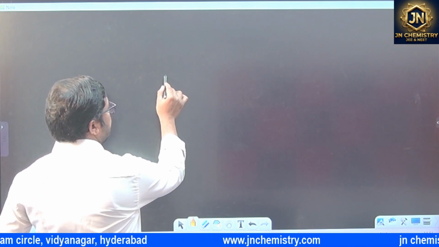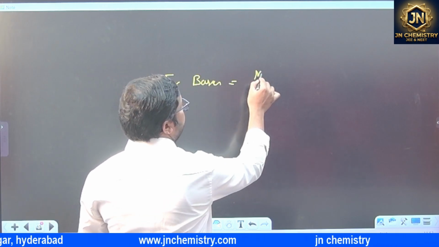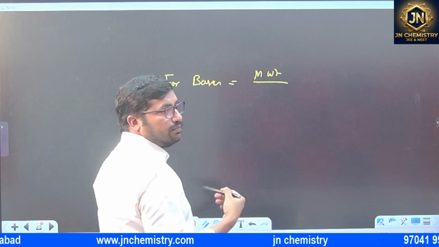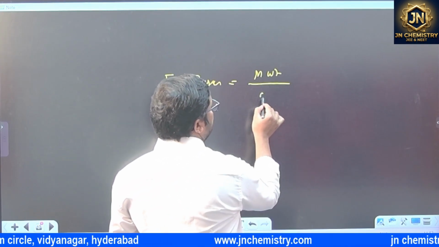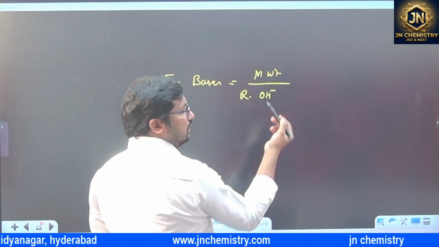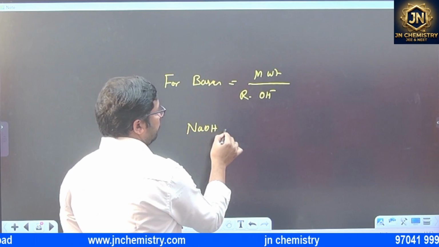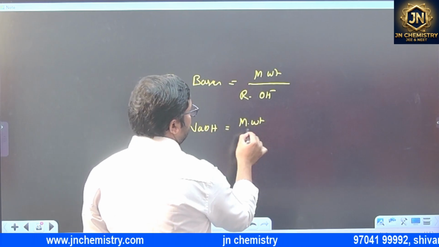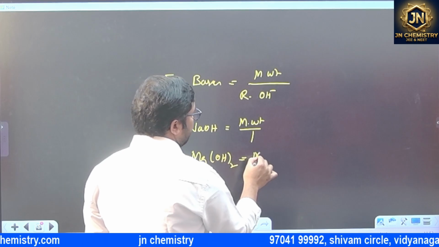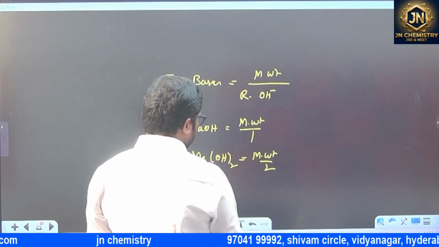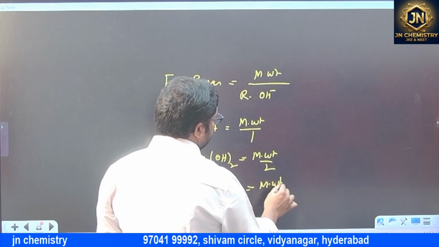For bases, molecular weight by the number of replaceable OH minus ions, like NaOH, molecular weight by 1. Mg(OH)2, molecular weight by 2. Al(OH)3, molecular weight by 3.